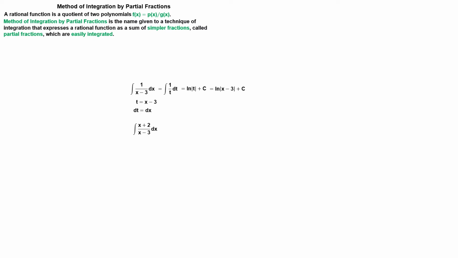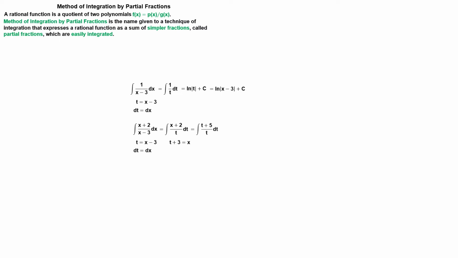In the second integral, we use the substitution t equals x minus 3, then dt equals dx. Since we must convert everything to the new variable, including the numerator, we solve for x to obtain x equals t plus 3.